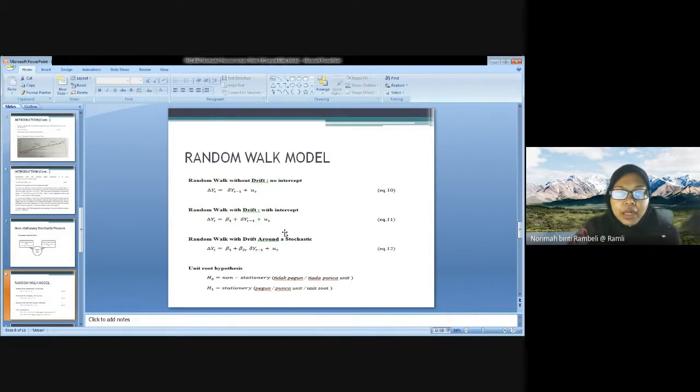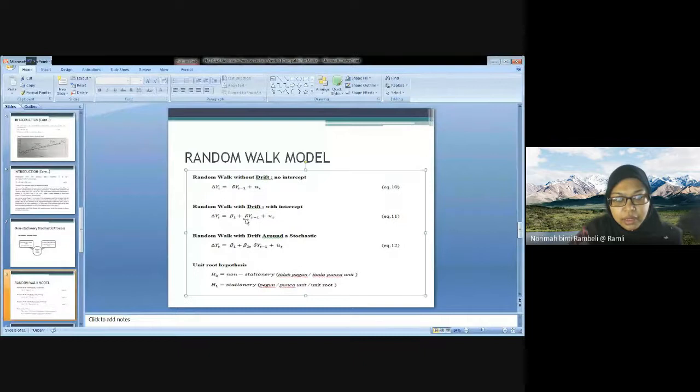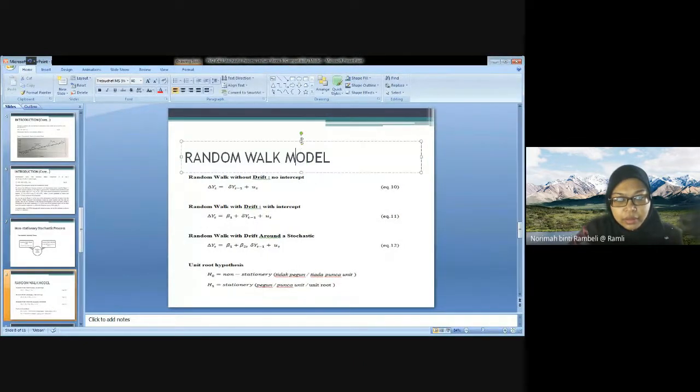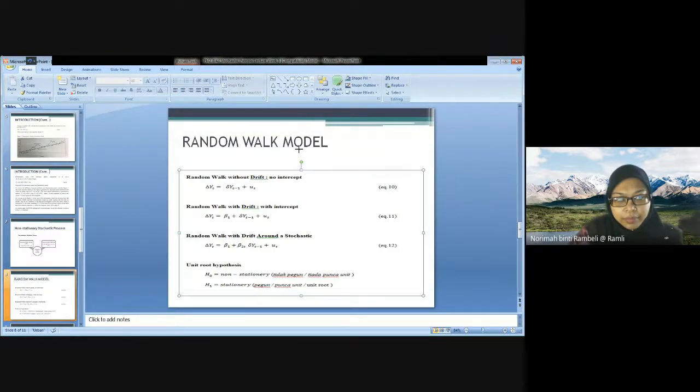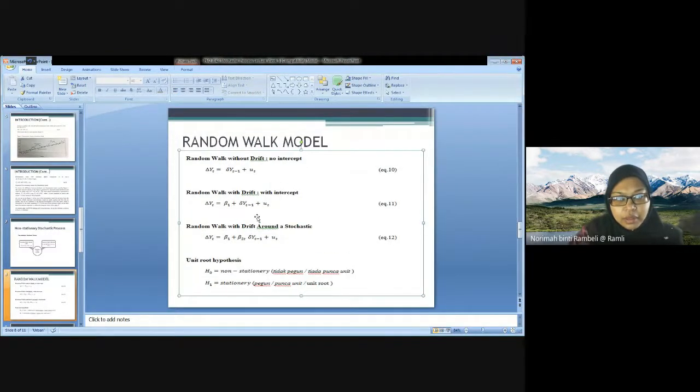Okay guys, the standard coefficient sign for testing the unit root is the delta sign.